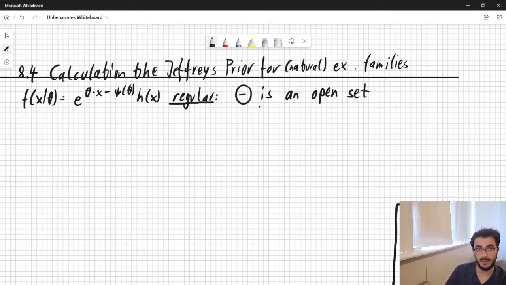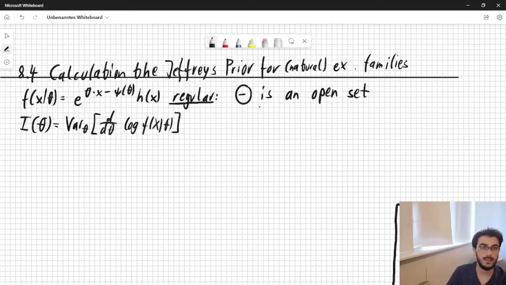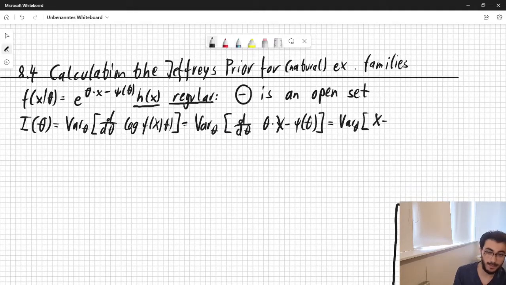For this case, we can quickly see that the Fisher information is just the variance of x. Since we have a derivative with respect to theta, h of x is going to disappear. And we're left with this, but remember, theta is a constant given theta, and the variance does not care about constants.